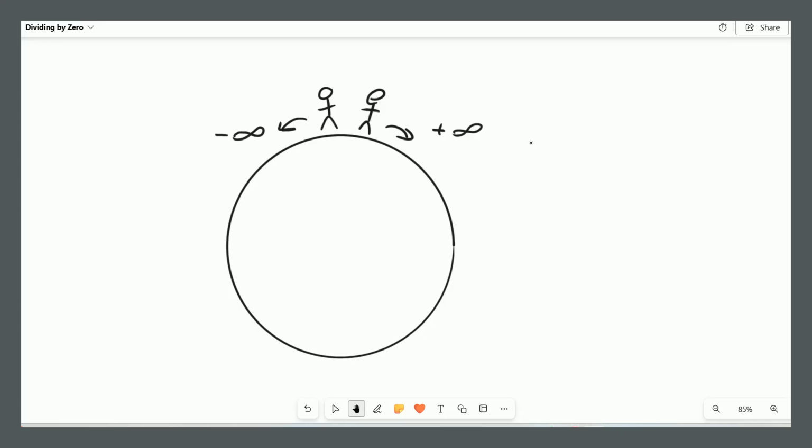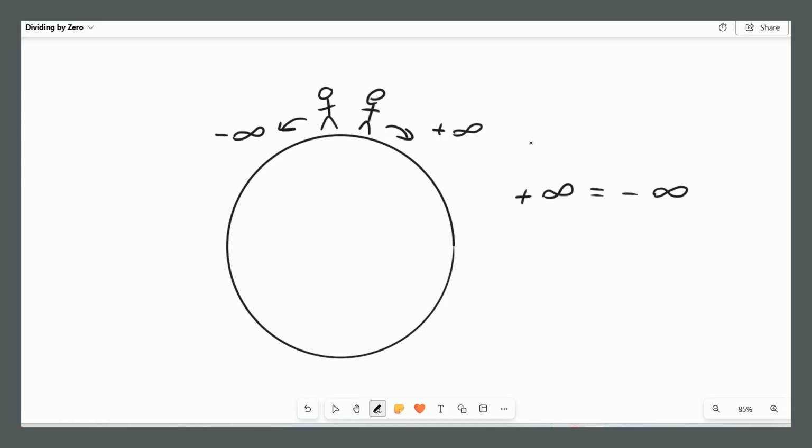Well, will these people meet? Yes, they will. In fact, if they keep on walking forever time-wise, they will meet many, many times. So in this particular situation, you could conclude that positive infinity equals negative infinity, because going forever in either one of those directions will get you to the same place.